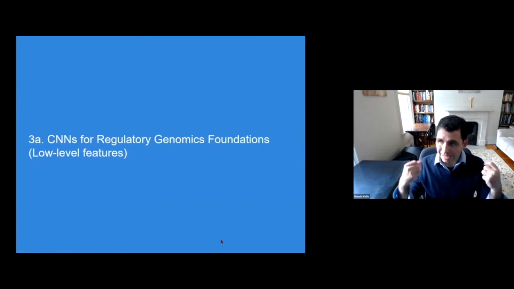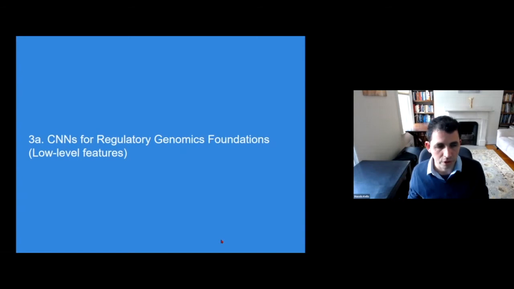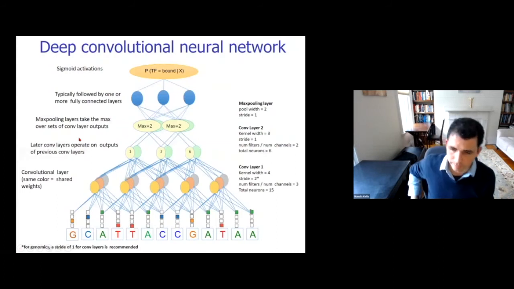So now let's dive into how we actually use deep learning for this discovery. How do we use these super cool convolutional neural networks that you've learned about to discover regulatory motifs de novo? So here's the key idea.